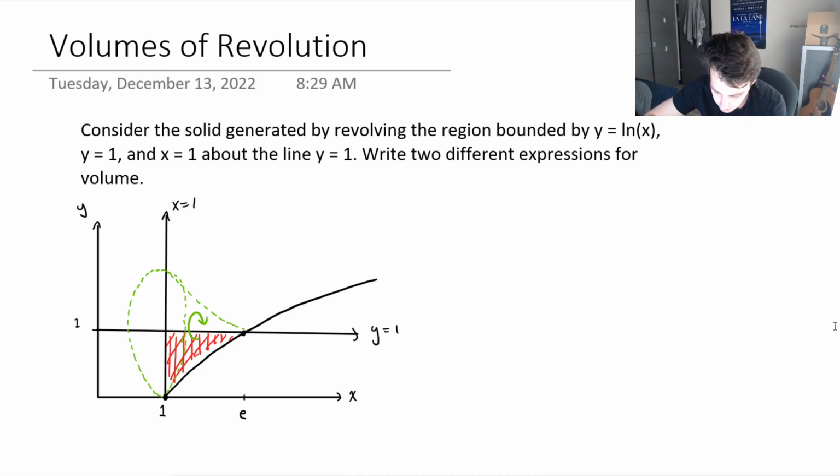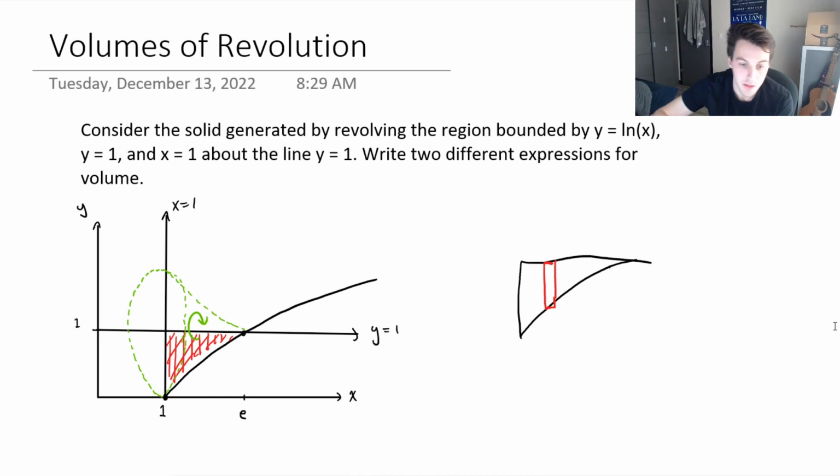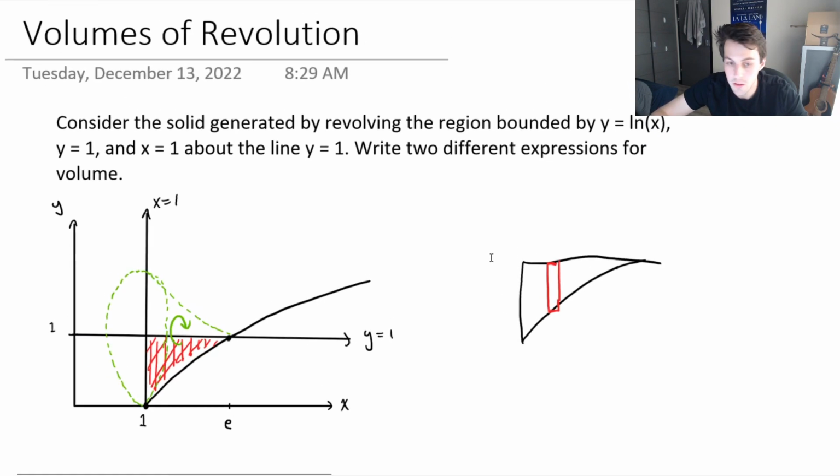But let's take a look. The first way I want to consider this volume is if we were to construct some vertical rectangles, like this. This is infinitely small, but I'm making it much larger for the purposes of this video.